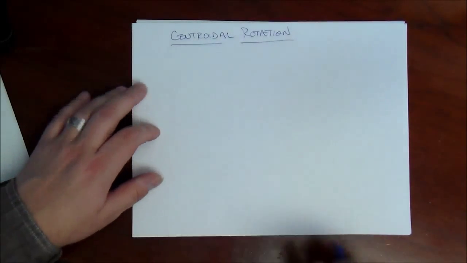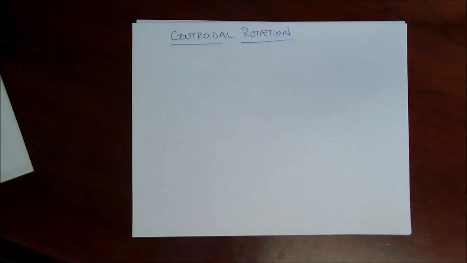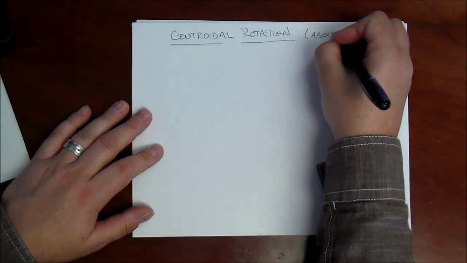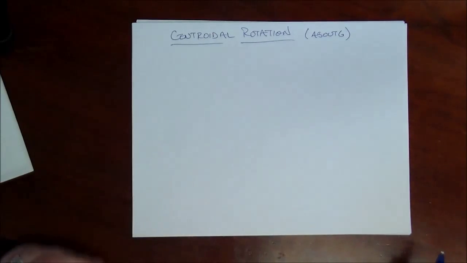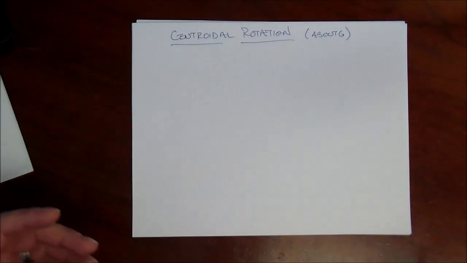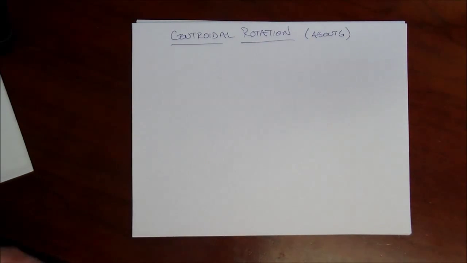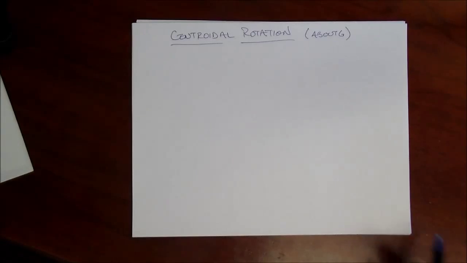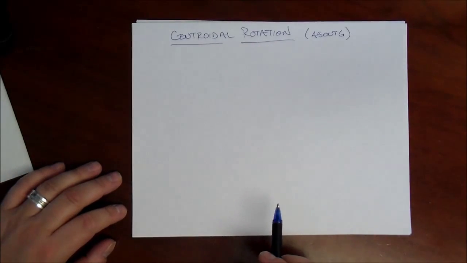Next, for centroidal rotation, that is rotation about the mass center. Imagine a wheel rotating about an axle at its center, or a gear rotating on a shaft where the shaft passes through the center of the gear. These would be cases where a rigid body is rotating about its mass center.